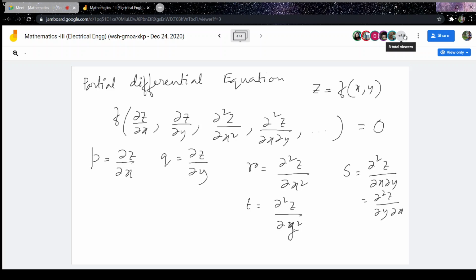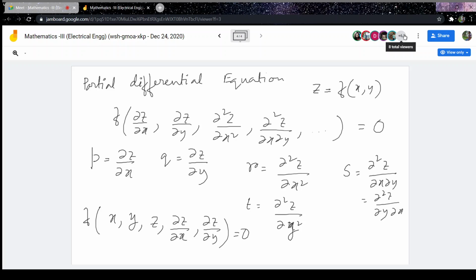Now, if we write our first order partial differential equation, it will contain only the first order coefficients, and this will be our general form of first order partial differential equation.